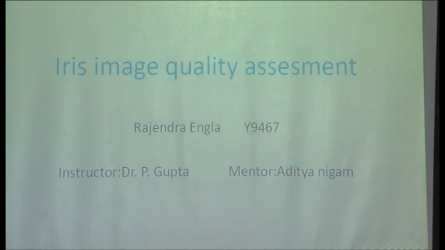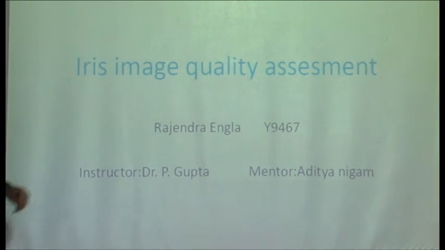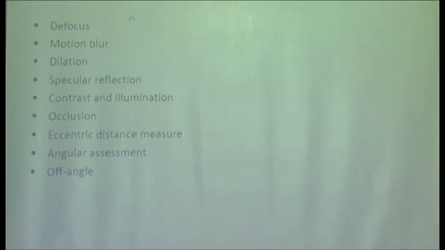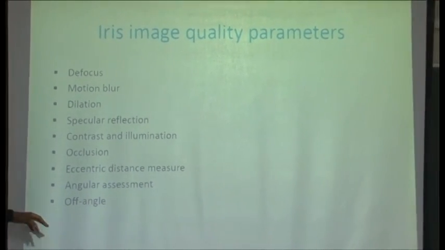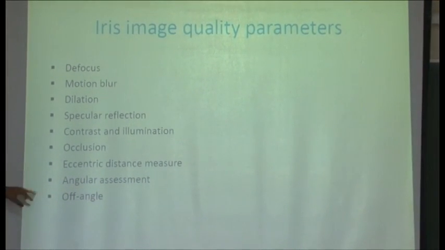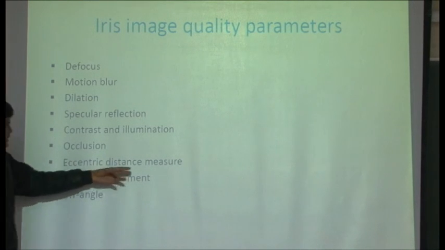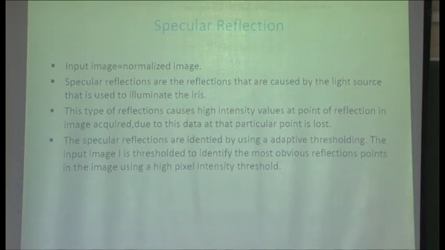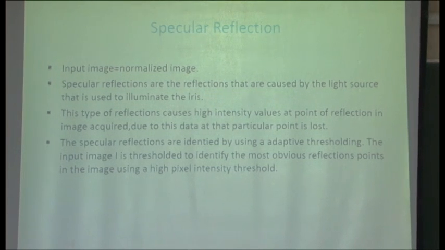So good morning again. My project is to estimate the quality of iris images based on different quality parameters. I have used these two, angular measure and center distance, which I have introduced, and these are used to calculate the specular reflection.